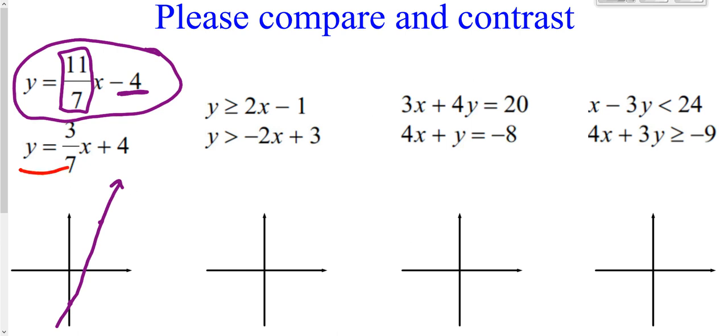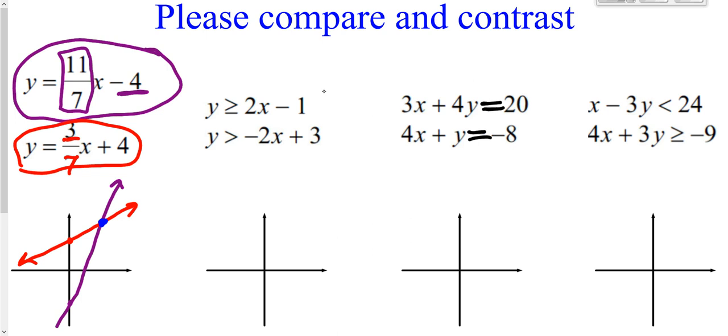When you graph this one here, you would start at +4, and then you would rise up 3, go over 7. So up 3 over 7. And so then you could draw that in. Then your solution is actually the coordinates of this point of where they cross. Whenever you're graphing equations like this here, your answer will be the point where they cross.